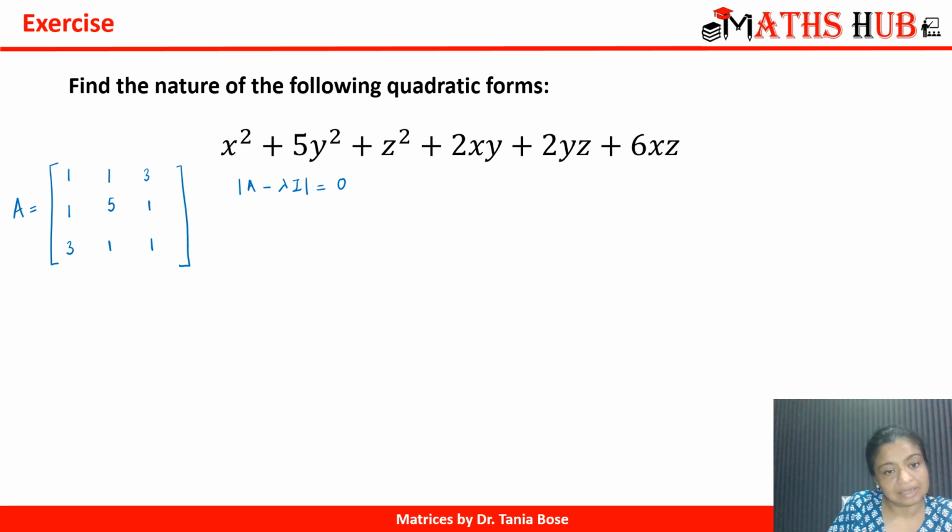Now to calculate the determinant, I told you that one method is you can compute this matrix and then you take its determinant, put it equal to 0, solve that equation and you will get a cubic equation in lambda, right?